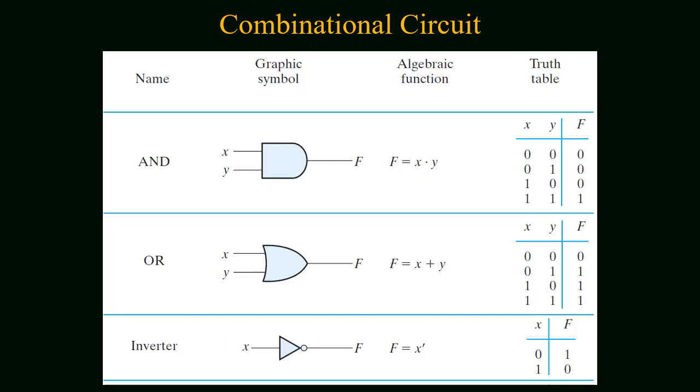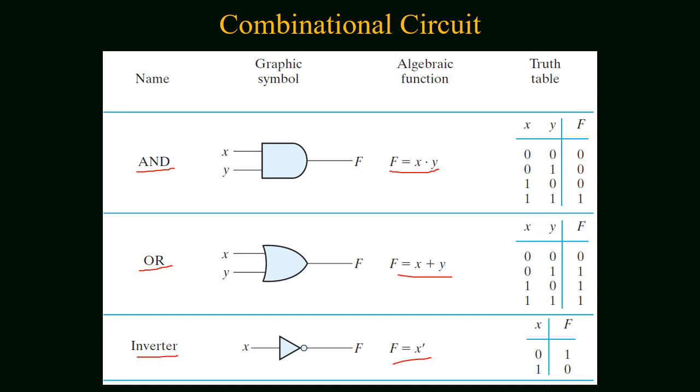Here we have a few logic gates which act as an important part of the combinational circuit, whose output changes as the input varies. These are the elements which are extensively employed in the design of digital systems and have significant use. We have some basic gates like the AND gate, OR gate, and an inverter.